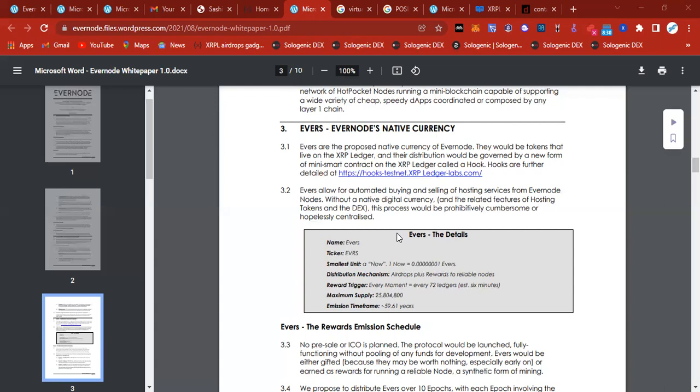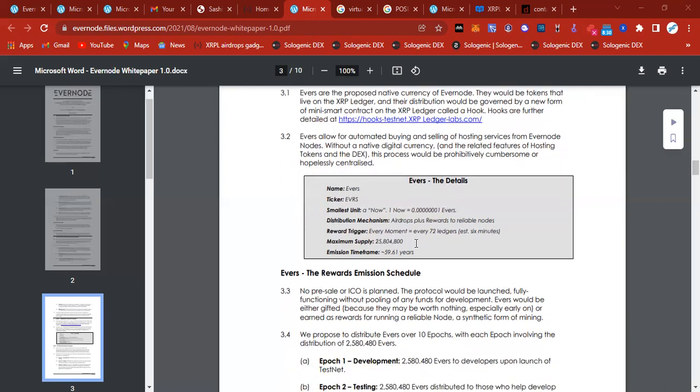No Hooks amendment, no Evers token, and then Evernode, this beautiful project, has to leave the XRP ledger because they won't be able to continue working on the ledger without hooks. So if we all want this layer 2 solution to come into play, we definitely need to figure out how we can vote on consensus for passing the Hooks amendment.